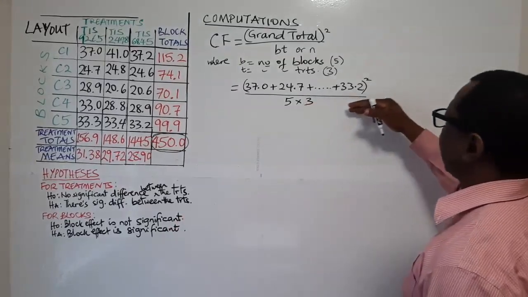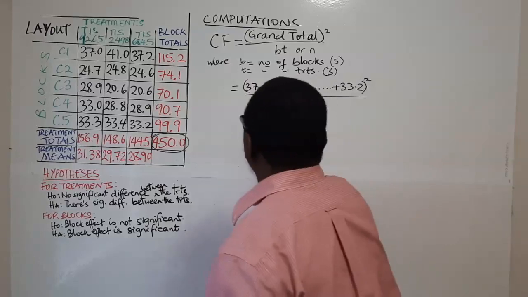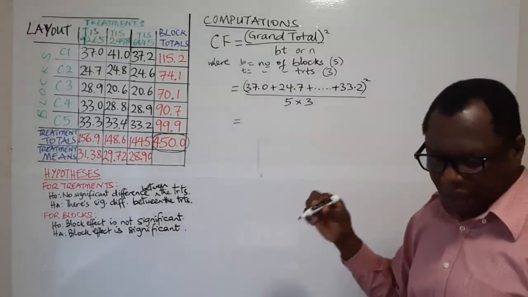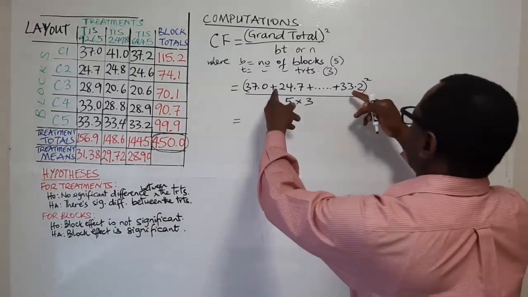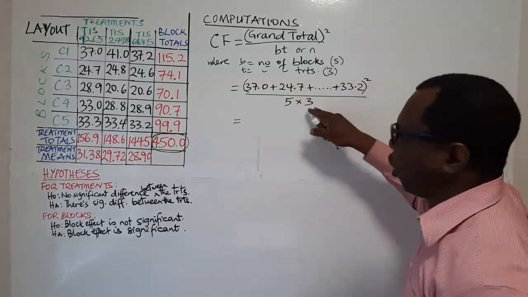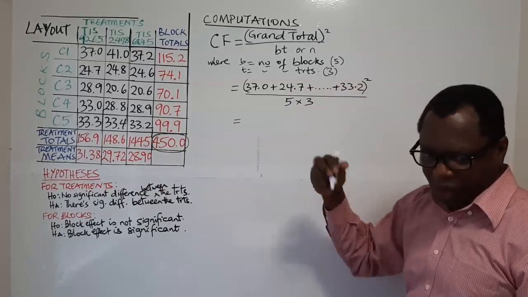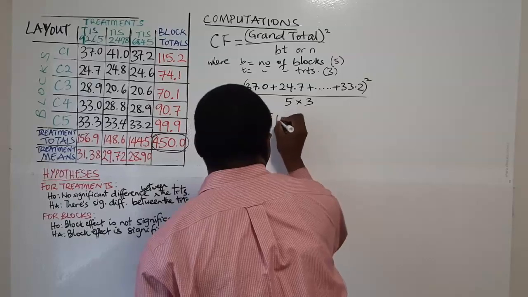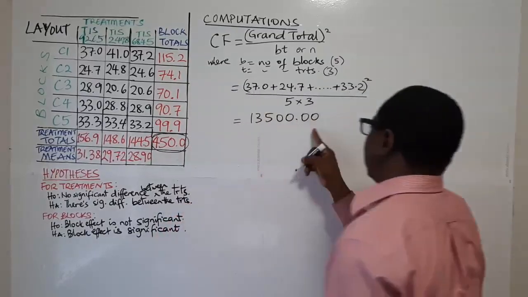So this is the computation of the correction factor. When you evaluate this, of course, inside the bracket is 450, so 450 squared all over 15. To save time, I'll go straight to the answer: 13500.00.